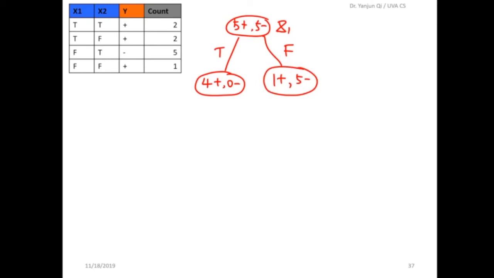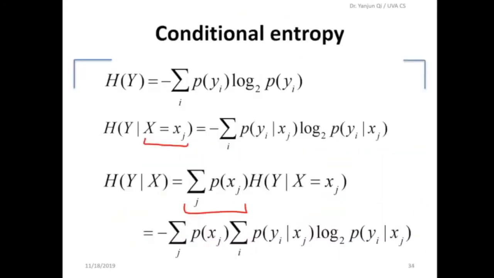Those numbers are actually representing y. So now let's see how to calculate H(y) conditioned on x1 equals true. If you can still remember the equation we just reviewed, entropy is minus summation of P log P, right?